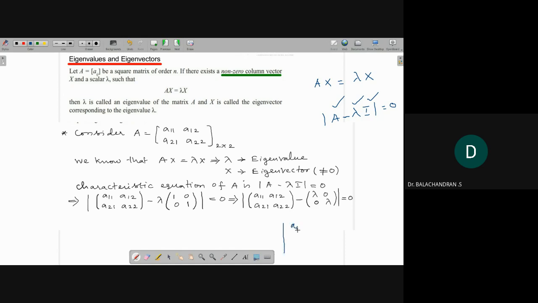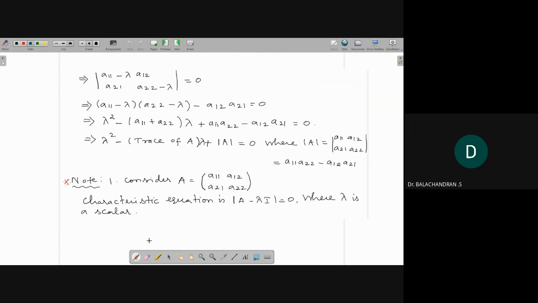A11 minus lambda, and then A12 minus 0. Next, A21 minus 0, and then here A22 minus lambda is equal to 0. So that is in the next step here.